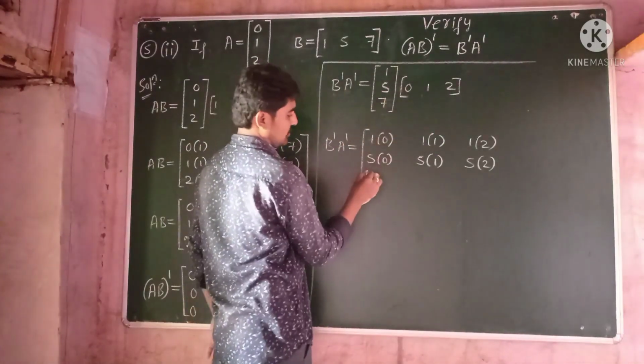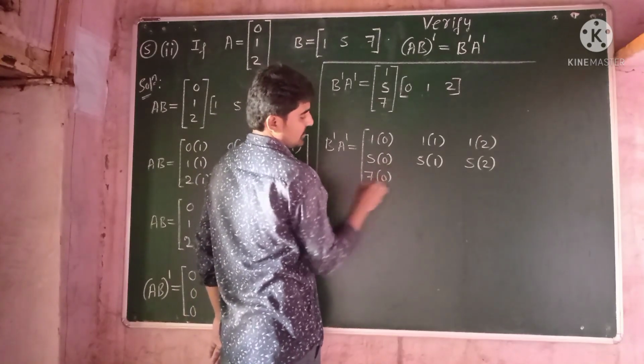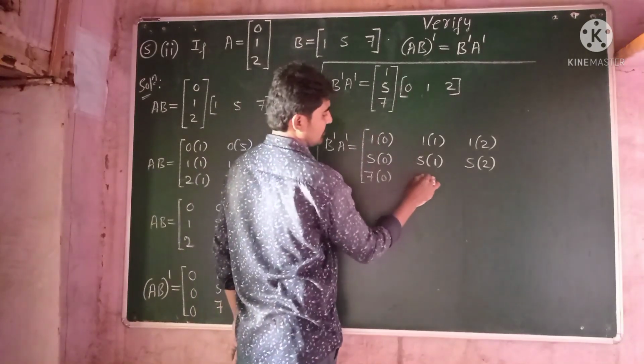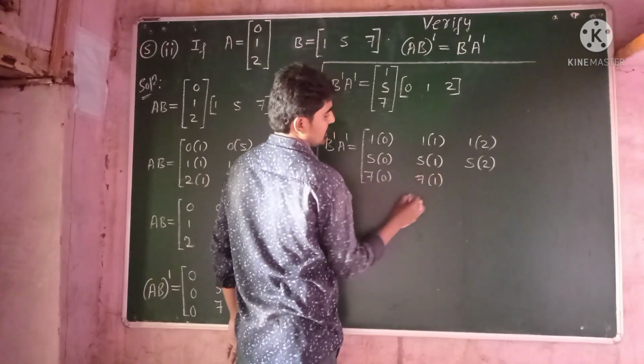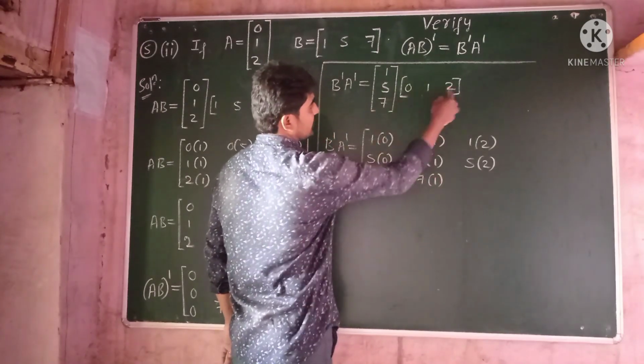So third row, first column 7 into 0. Third row, second column 7 into 1. Third row, third column 7 into 2.